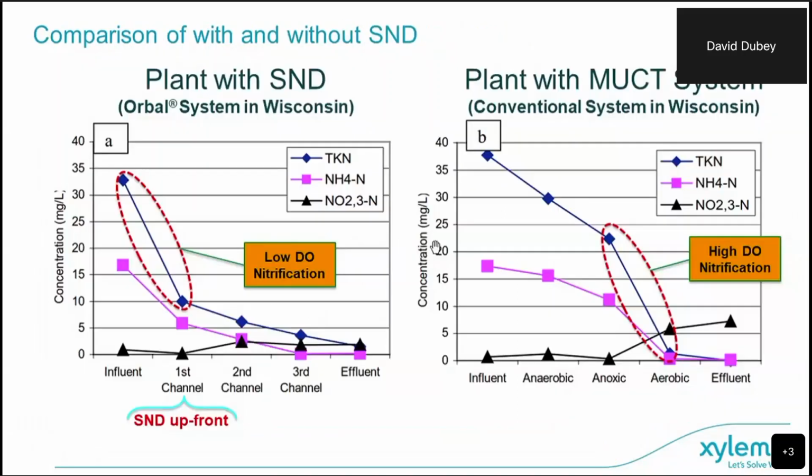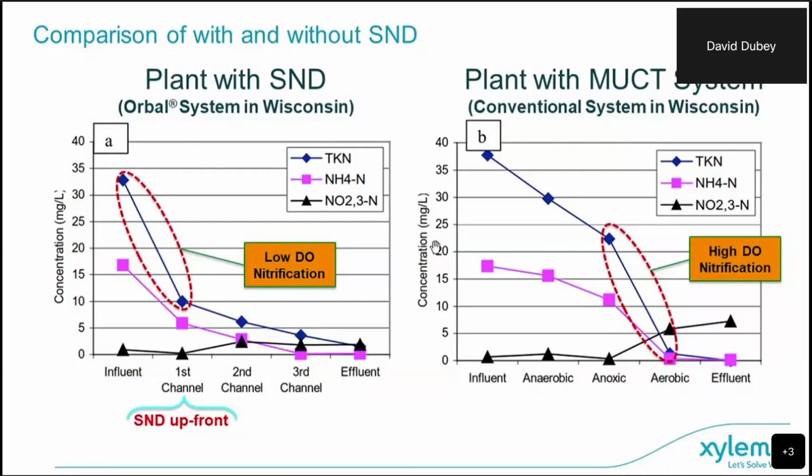Here are a couple of examples of a simple aerated anoxic with internal recycle or without. The first one is a plant we have in Wisconsin where we did a long-range analysis. In the first channel, the first basin, we're down to less than 10 TKN, which is the ammonia and organic nitrogen.